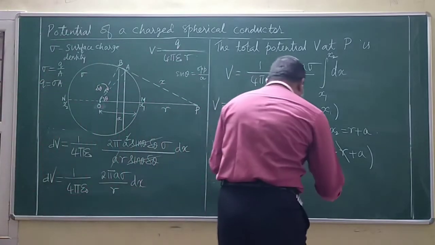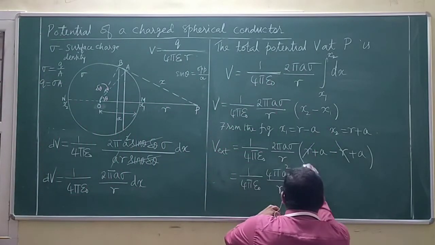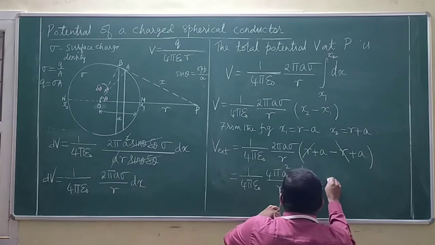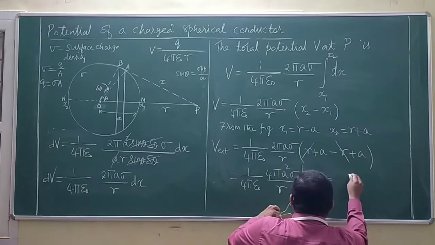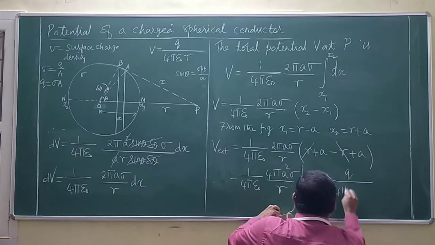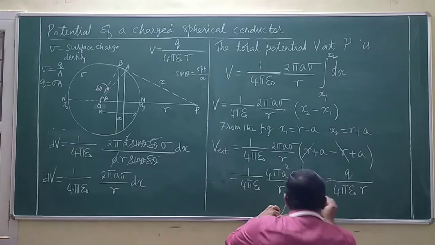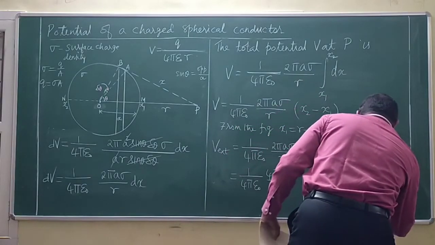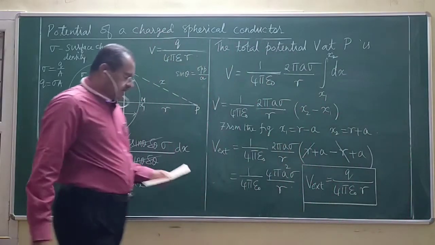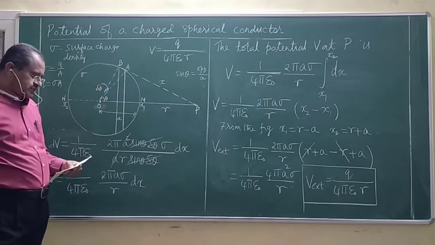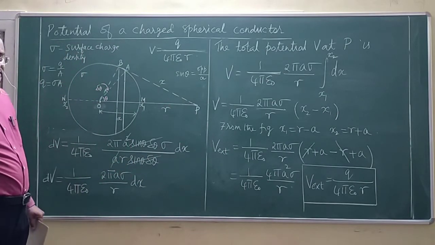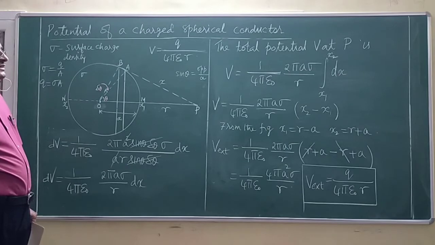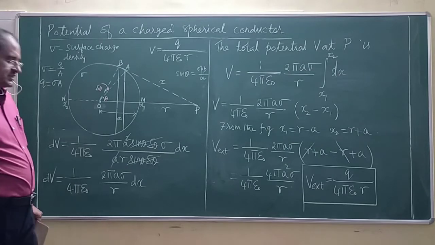Therefore, I will conveniently write this as V external is equal to Q by 4 pi epsilon naught R. That is my expression for potential at an external point. Is that okay to you?